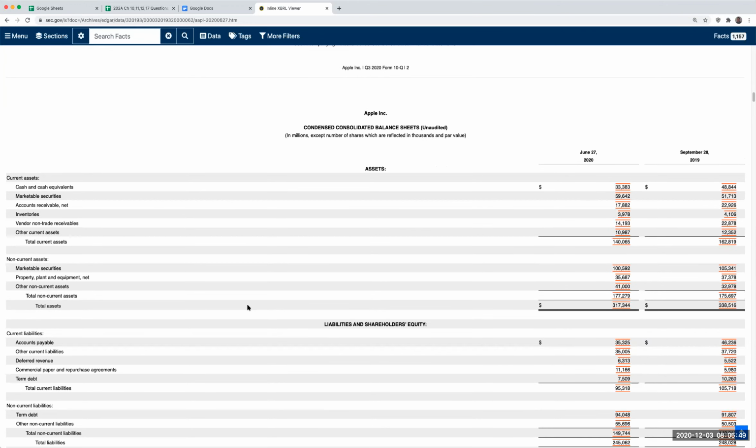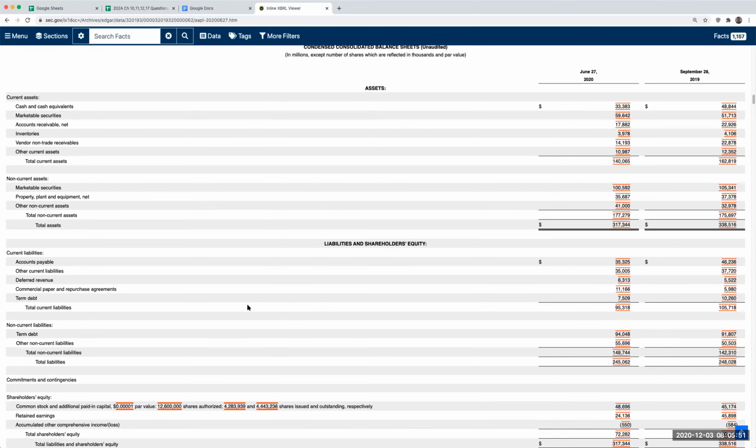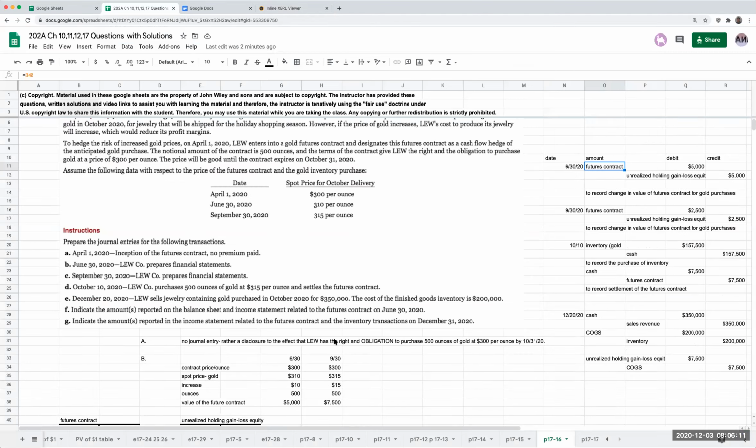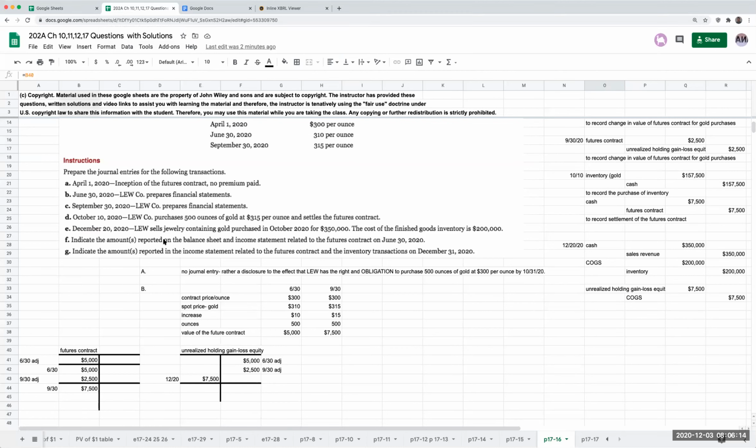Now, what they're correctly stating in the solution is that I'm debiting the futures contract, and then, because this is a fair value hedge, I'm putting this under accumulated other comprehensive income or loss. And in this case, it would be income, because it's a credit. So the amount reported on the balance sheet would be 5,000 as an asset for the futures contract. So let's write this out.